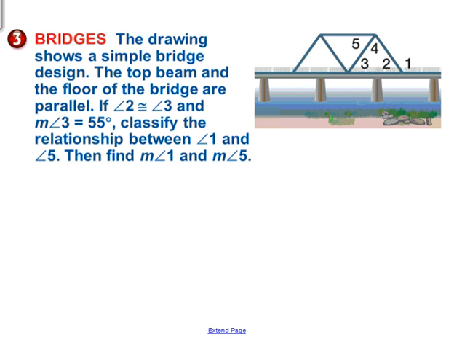The drawing shows a simple bridge design. The top beam and the floor of the bridge are parallel. If angle 2 is equal to angle 3, that means angle 2 and angle 3 are equal. And angle 3 is 55, so angle 2 is 55. Classify the relationship between 1 and 5. I'm going to do a little bit of work with this.